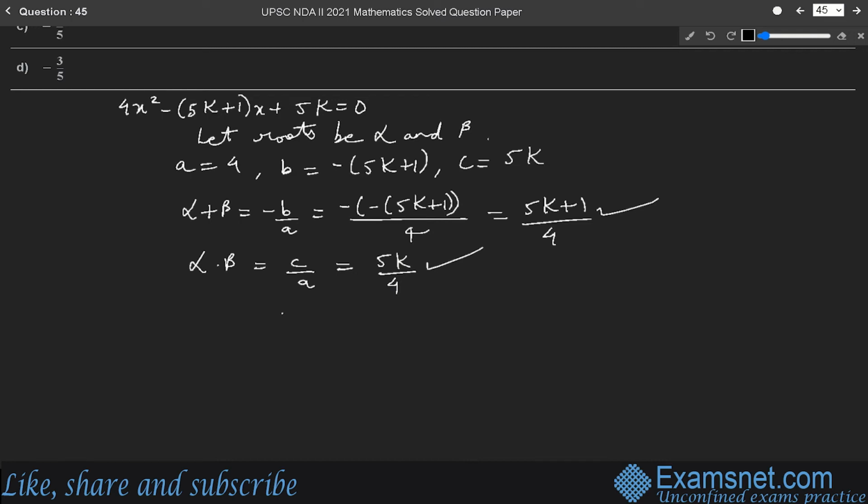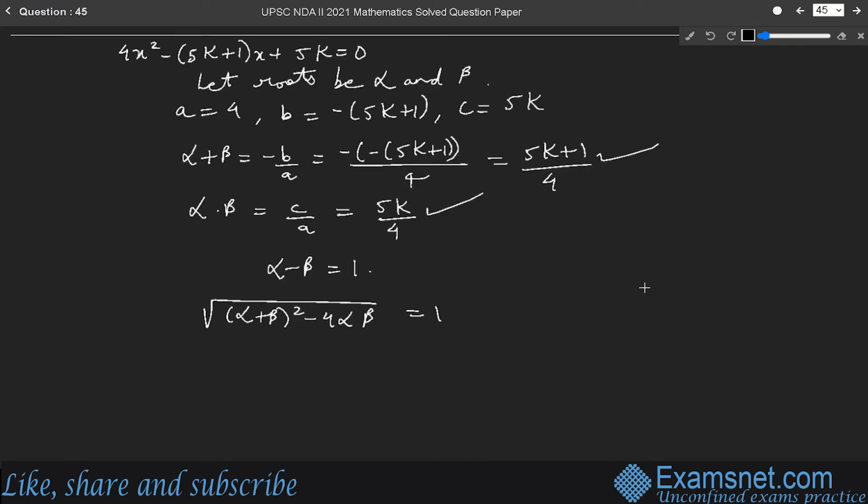Now it is given that alpha minus beta is equal to 1, meaning the difference between the roots is 1. So we can say that under root of (alpha plus beta) whole square minus 4 alpha beta will be equal to 1.